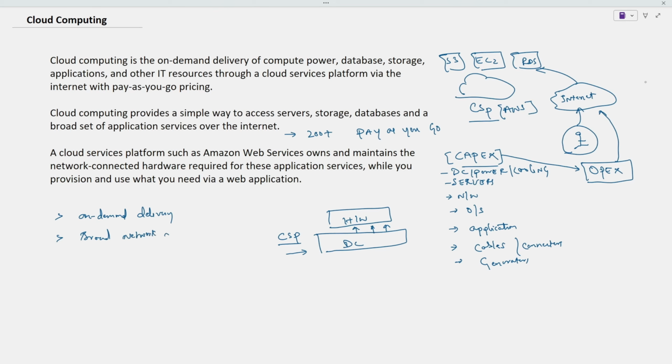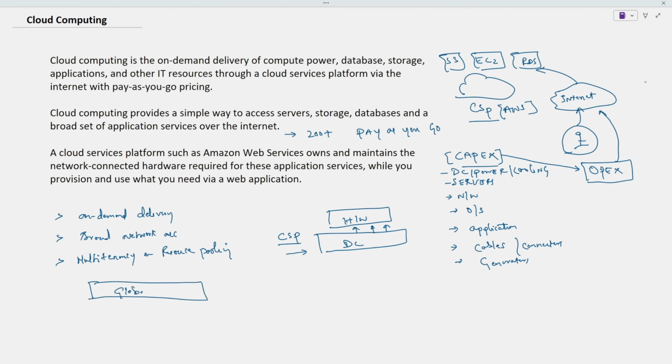So these are the characteristics it should have: broad network access, multi-tenancy. And with the help of resource pooling, the cloud service provider will be able to provide services for multiple customers, because this cloud service provider, be it AWS, Azure or Google, knows that whatever services they are offering, it is offered at a global scale.